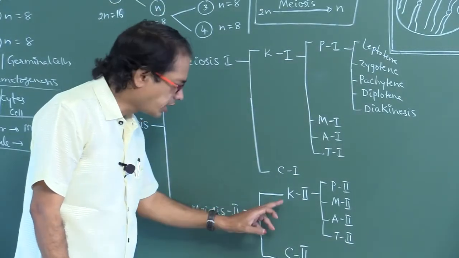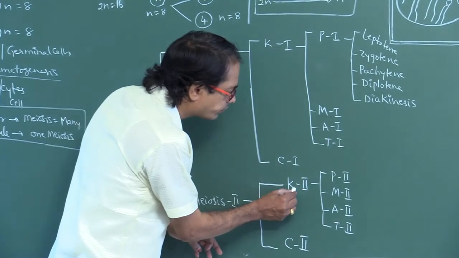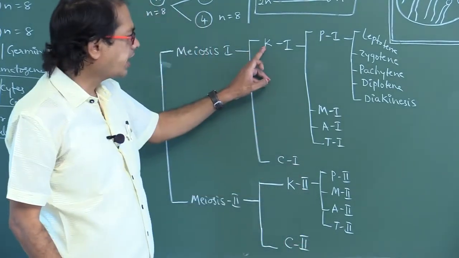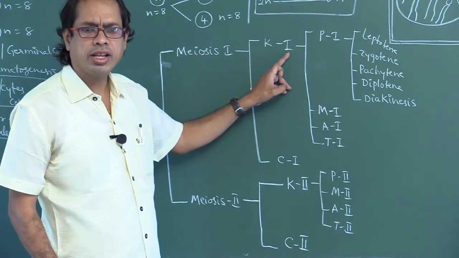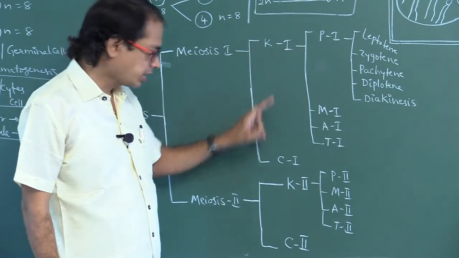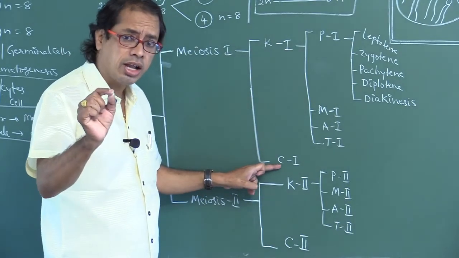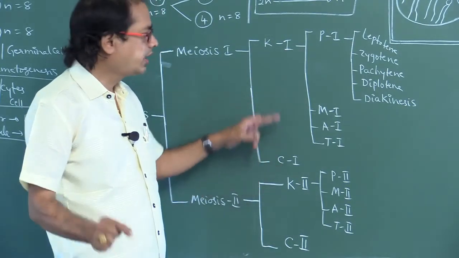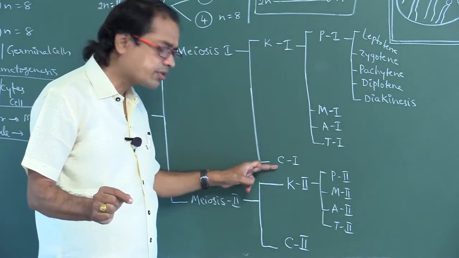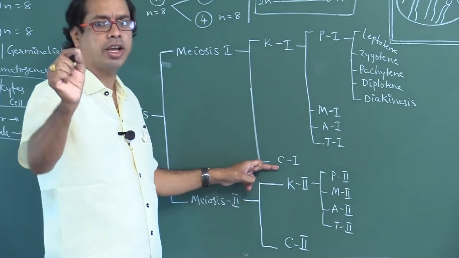Meiosis 2 contains karyokinesis 2 and cytokinesis 2. What does karyokinesis mean? Division of the nucleus is called karyokinesis. Division of the cytoplasm is called cytokinesis.